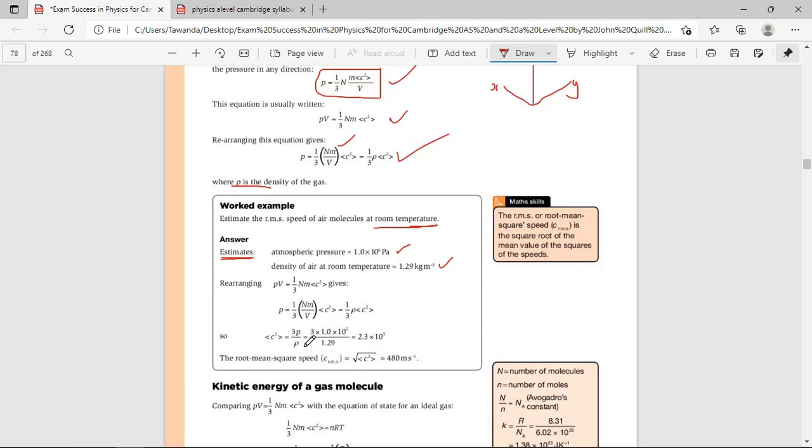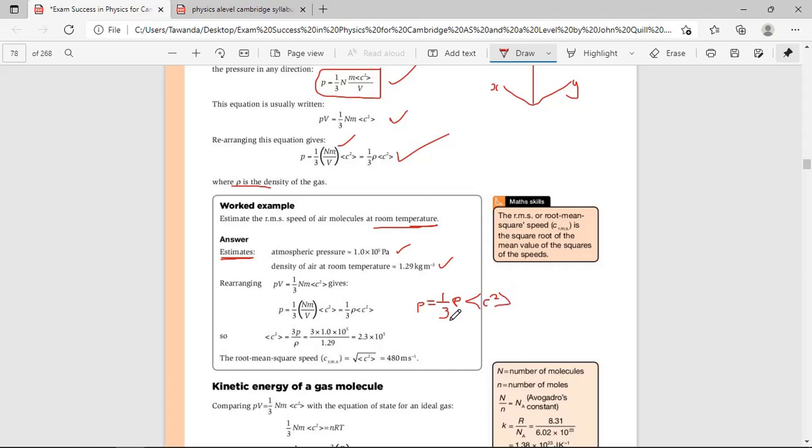Here we have pressure is equal to 1/3 density times the mean square speed.